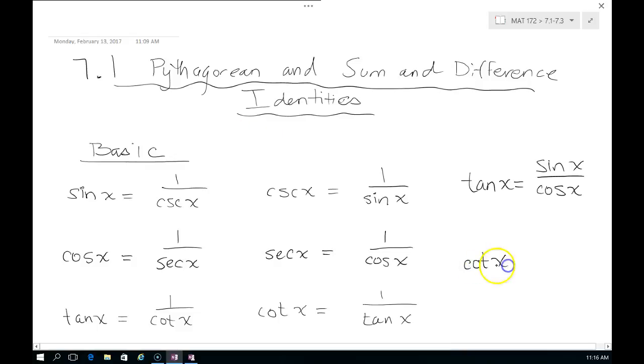And cotangent, well, since cotangent is the flip of tangent, cotangent is going to be cosine over sine. And those are considered quotient identities because we're creating tangent out of a fraction of two other trig functions, and quotient means fraction.